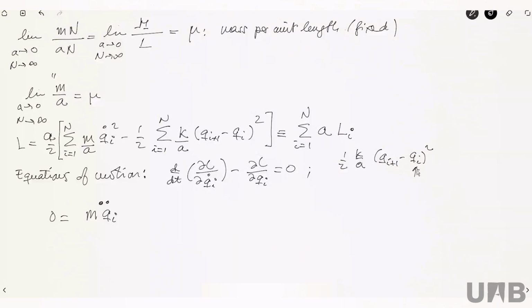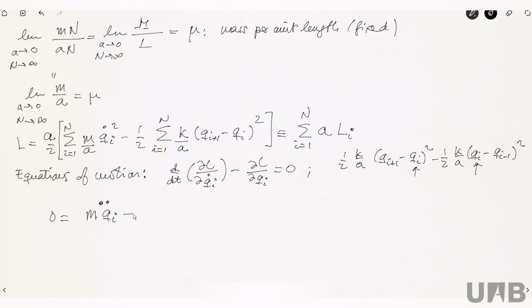So here there is a qi, but there is also the next term, k over a, (qi minus 1) squared, and here there is also qi. So I have to take into account the two dependencies on qi, here and here. In this sum, there are two terms for each qi, and the two terms contribute to this derivative.